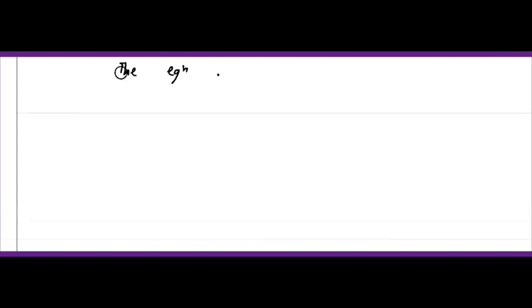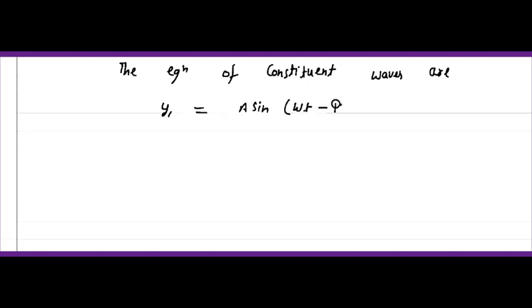Now we write the equations of the constituent waves. Because they are moving in opposite directions, the waves superpose, so for kx one is negative and the other is positive. So y1 is equal to a sine omega t minus kx, and y2 is equal to a sine omega t plus kx.